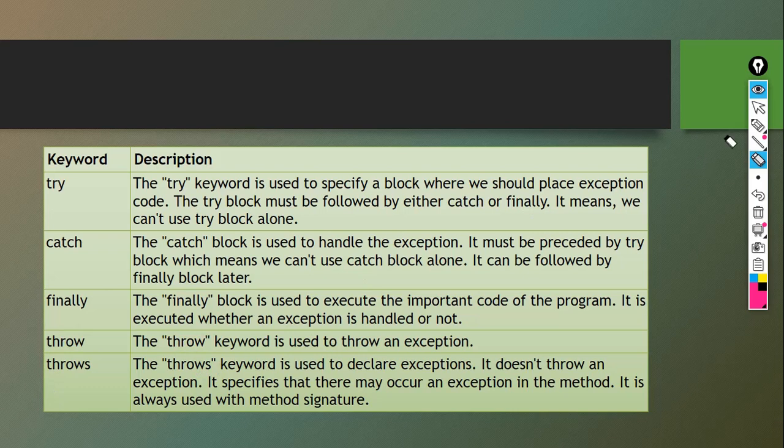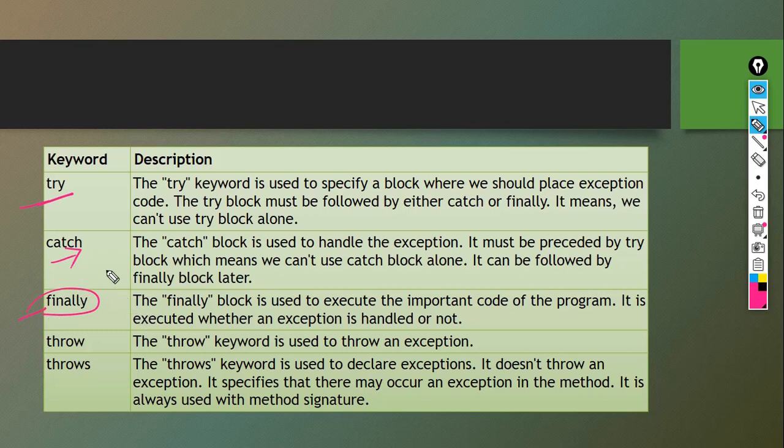If I use only try without catch, then if we use a try block within our code, the exception from the try block should be caught by at least one catch block, or it should be followed by a finally block. That means you can either use try and finally, or try catch finally, or try catch, but all the errors detected inside the try must be followed by either a finally block or a catch block.